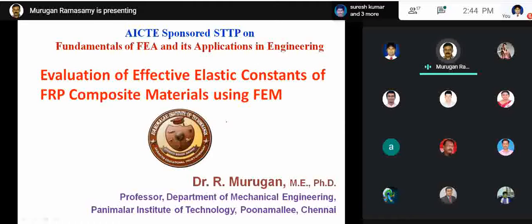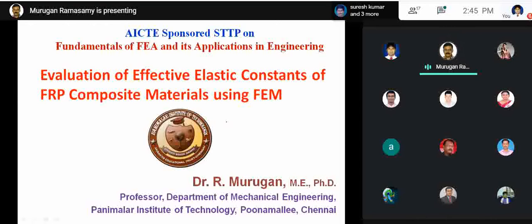Using the universal testing machine, you can do tensile test, compression test, and also a flexural test, shear stress. All these tests are conducted to find the various properties of materials. But all these methods are called destructive methods. We have to prepare a specimen, and the specimen will break after conducting the test. So these all come under destructive type.